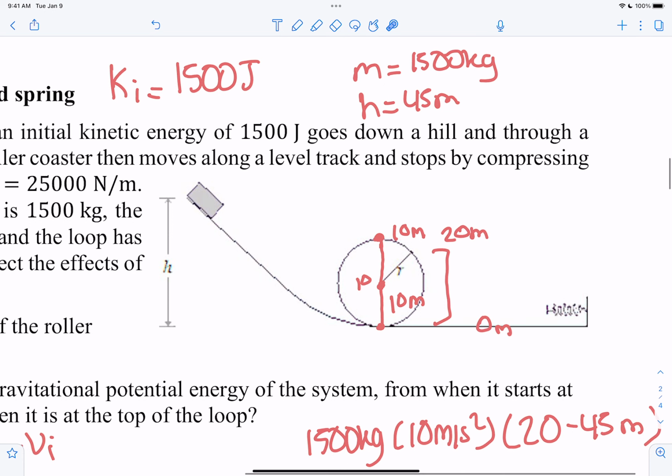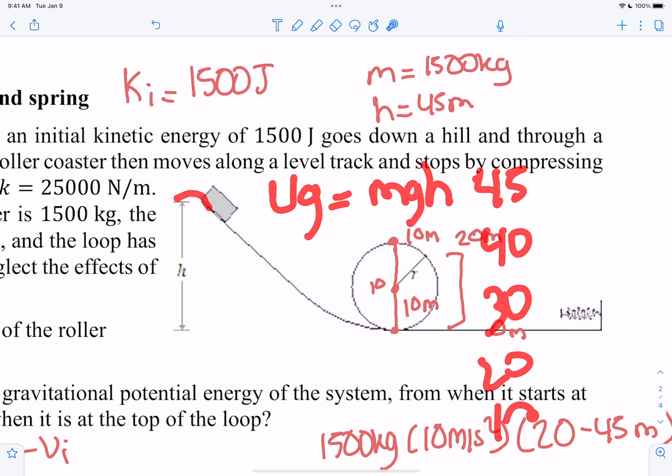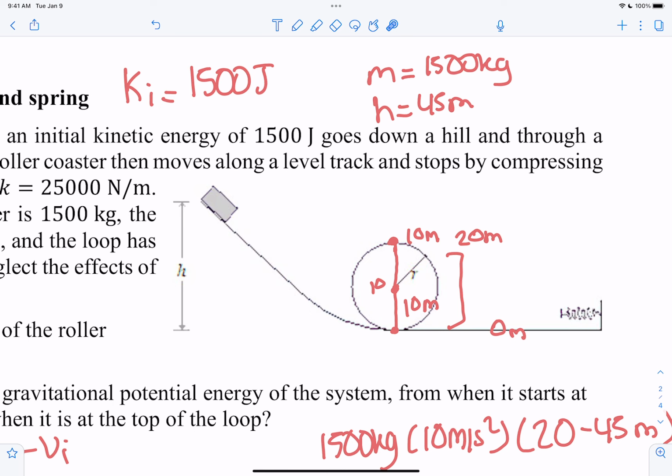So the idea here is that as you drop in height, because remember UG is equal to mgh, as the height goes from 45 to 40 to 30 to 20 to 10, right, there's a decrease in gravitational potential energy. But as you fall down, just think of a roller coaster moving down, or if you're skiing down a hill, for example, you might start out a little bit slow, but as you go down the hill, your speed starts to increase, and you know that kinetic energy is equal to half mv squared.